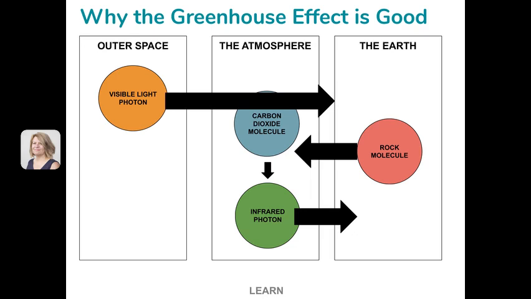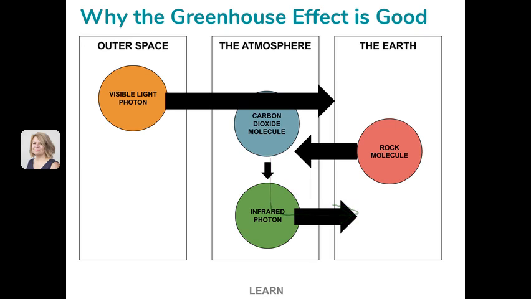And we've always depended on having that greenhouse effect, having that cycle where these infrared photons are absorbed by the carbon dioxide molecules, released, and some of them reflected back to the Earth's surface.